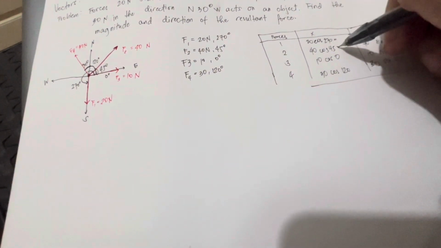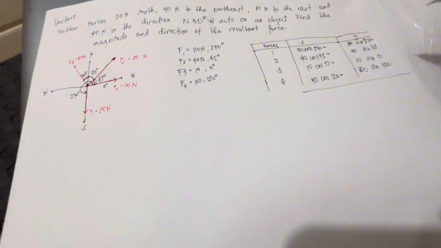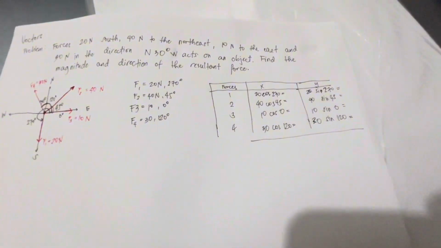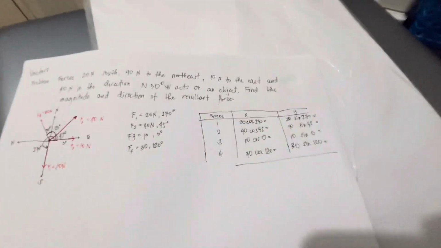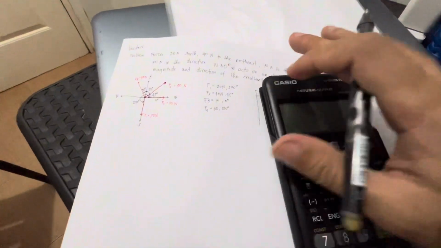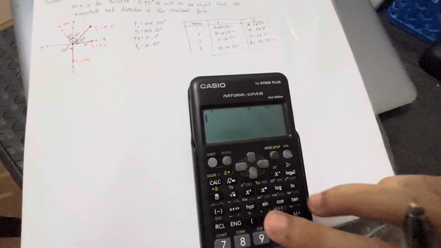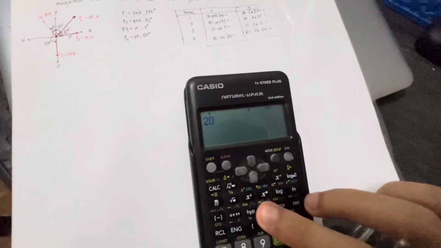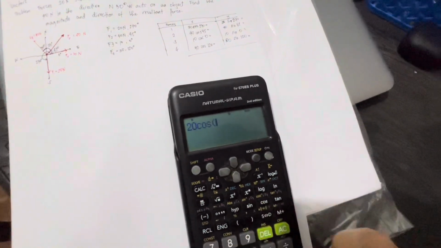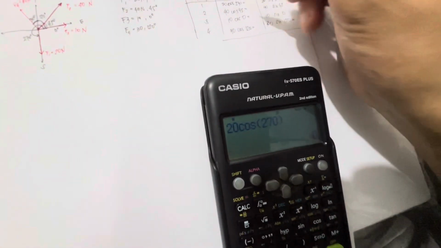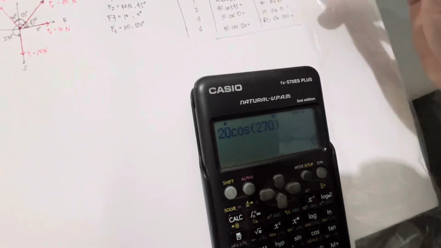Okay, so kuha lang ta sa calculator. Pinakauna, you have 20 cosine 270, so 0, automatically 0.